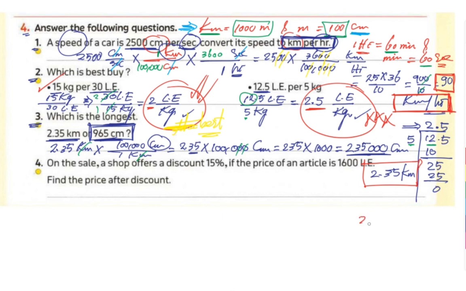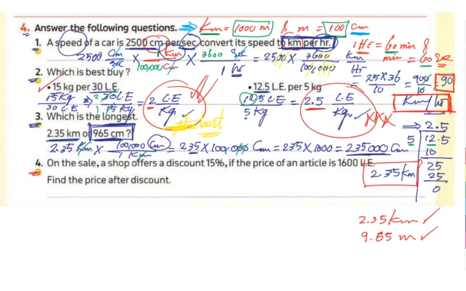I have 2.35 kilometers and I have 965 centimeters, that's 9.65 meters. Of course 2 kilometers is greater than 9 meters. That's the easiest way.